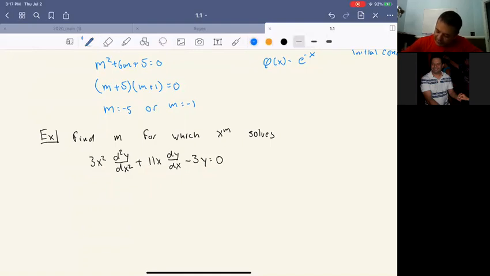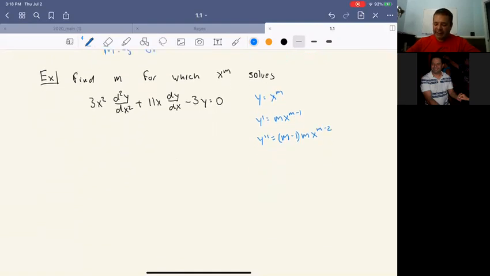So if y equals x to the m, then y prime equals m x to the m minus 1, and y double prime is m minus 1 times m x to the m minus 2.